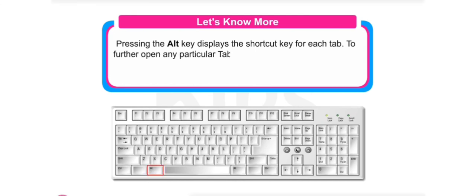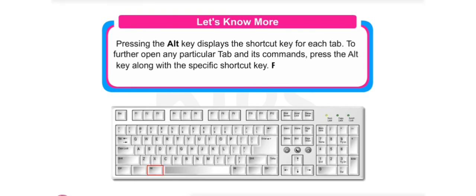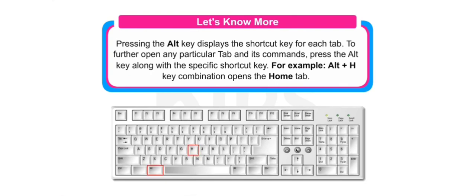Let's know more. Pressing the Alt key displays the shortcut key for each tab. To further open any particular tab and its commands, press the Alt key along with the specific shortcut key. For example, Alt plus H key combination opens the Home tab. It means if you want to open any tab from the PowerPoint presentation, you can press the Alt key with the specific shortcut key.